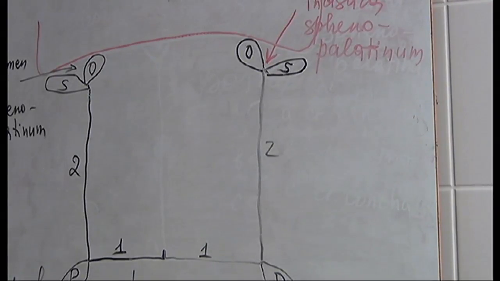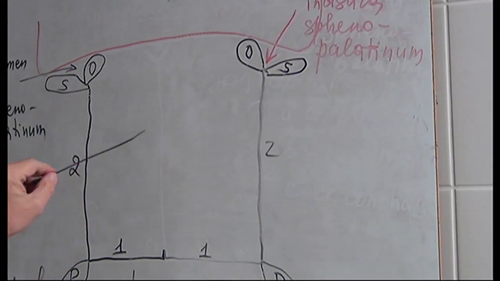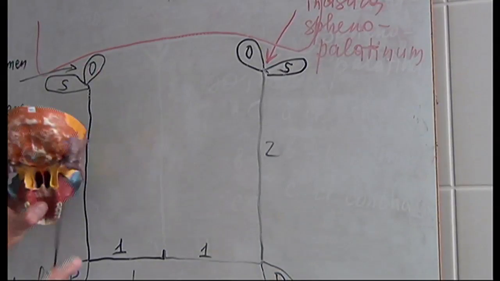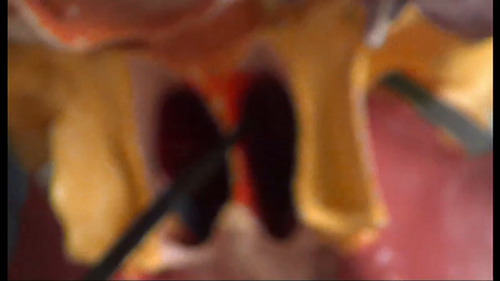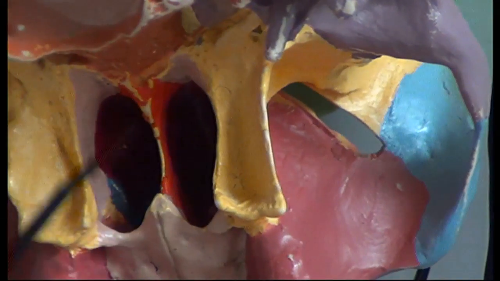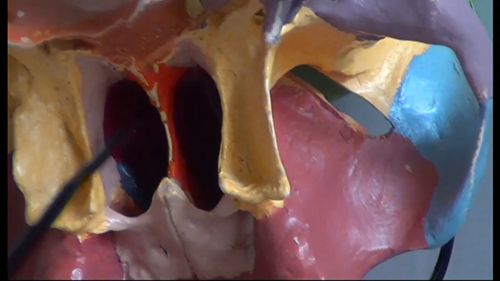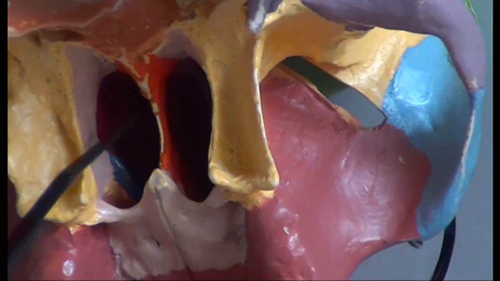But let's try to understand, first of all, how many walls the nasal cavity has. I'd like to demonstrate to you that in the middle of the nasal cavity there is a special middle-located structure, or middle wall.